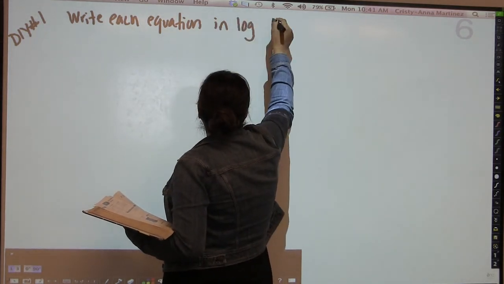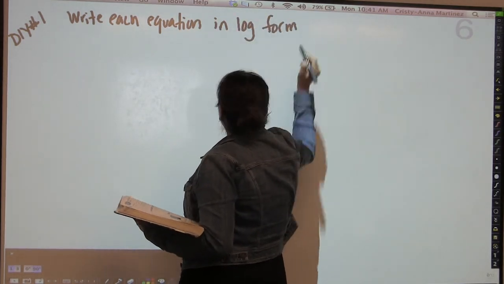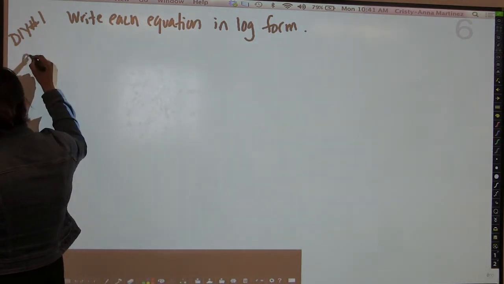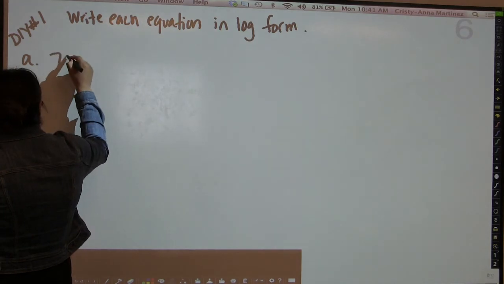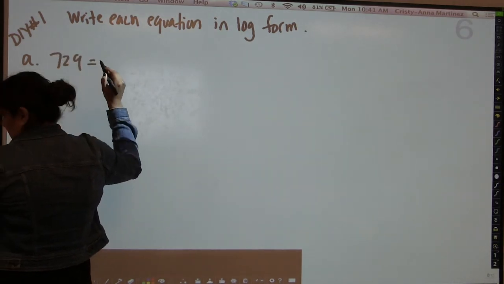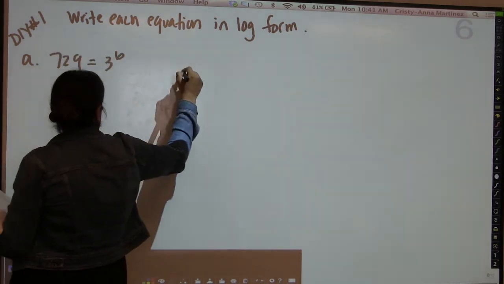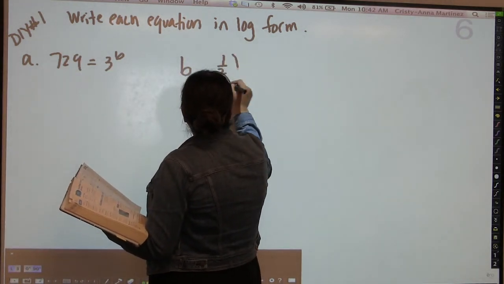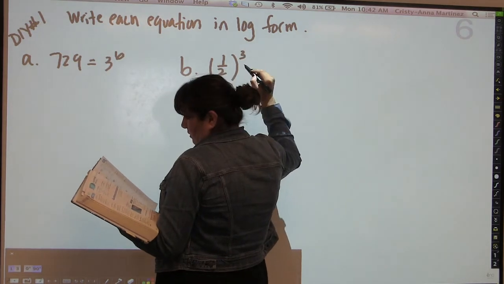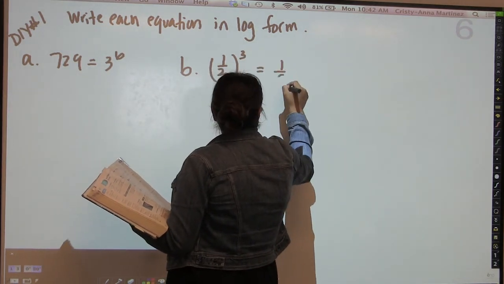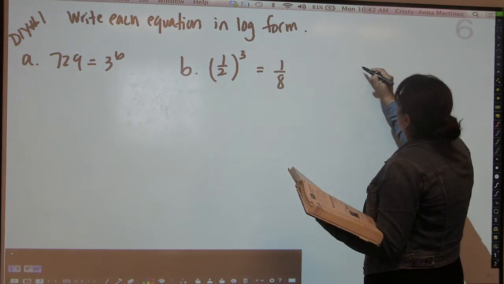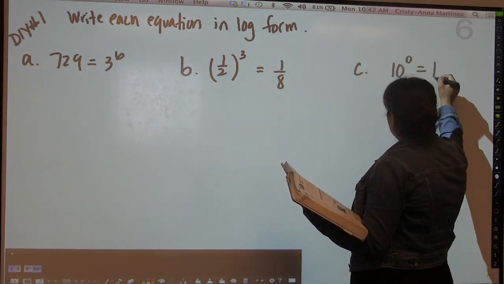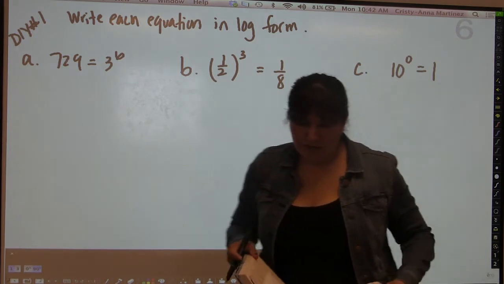It says logarithmic, but that word is just too long for anyone to have to spell out, especially when you're in a hurry. 729 equals 3 to the 6, there's 1. And then we've got 1/2 to the 3rd power equals 1/8. I know that fractions scare you, but they shouldn't. And then we have 10 to the 0 equals 1.